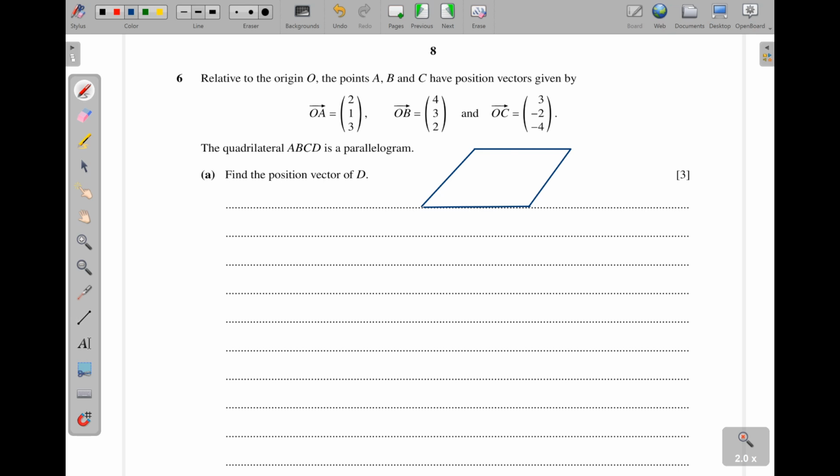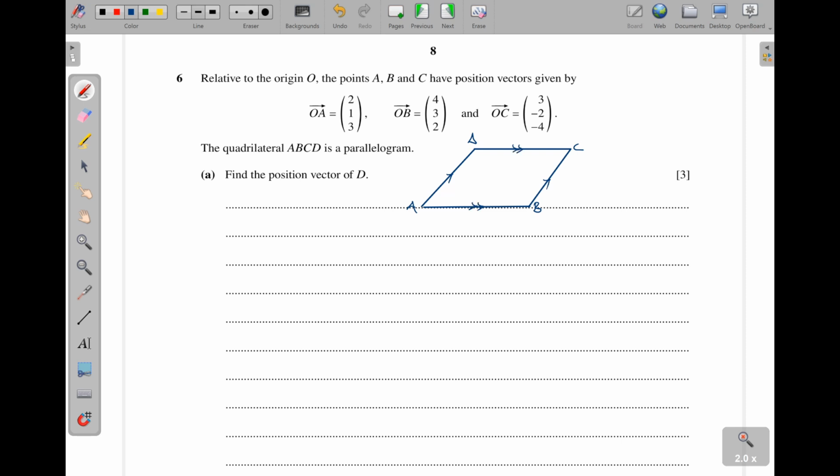So we can have A here, then B can be either here or here. If I have my B down here, then this is C, then D will be here. This one here is parallel to this, and this one here is parallel to this one.